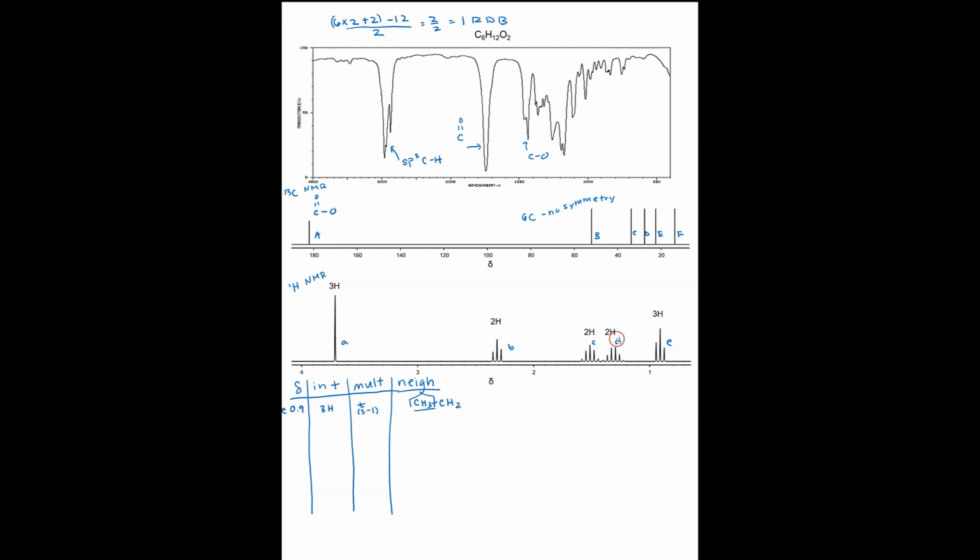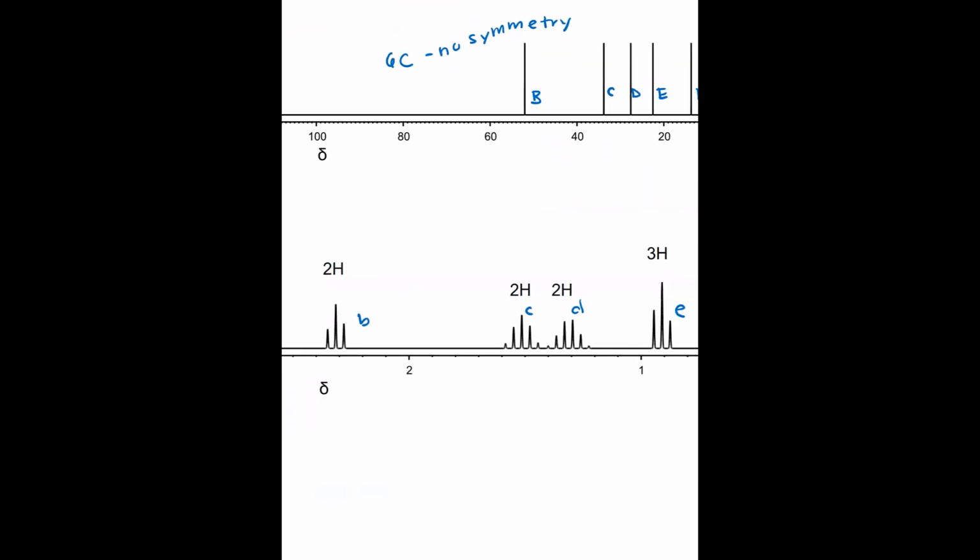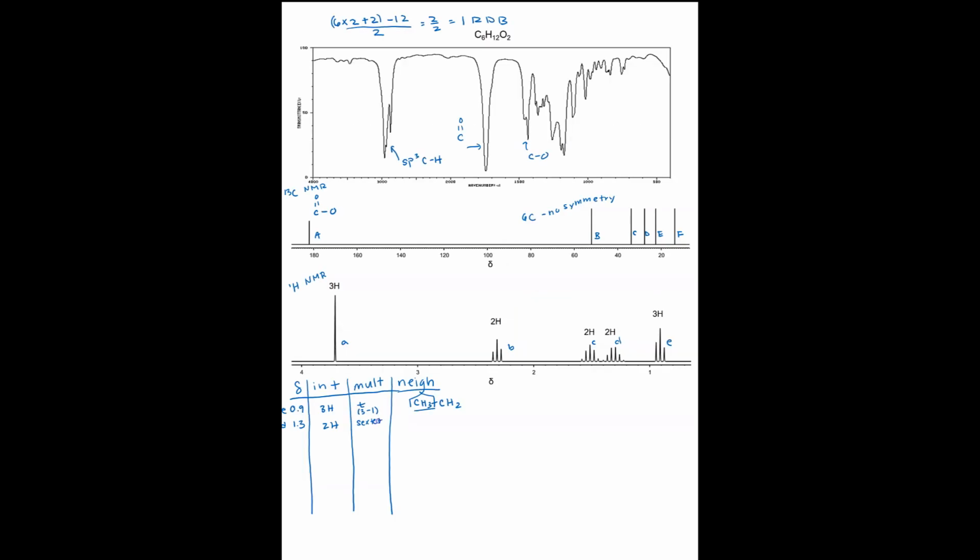The next proton is D, which shows up around 1.3. That integrates to 2H. If I look closely at the peaks here, I have 1, 2, 3, 4, 5, 6. So that's a sextet. So 6 minus 1 is going to be 5. I have 5 proton neighbors next door. This is a CH2, probably next to a CH3 and a CH2. My next proton is C. That's at 1.5.